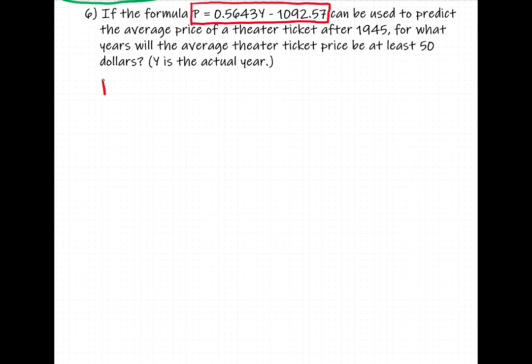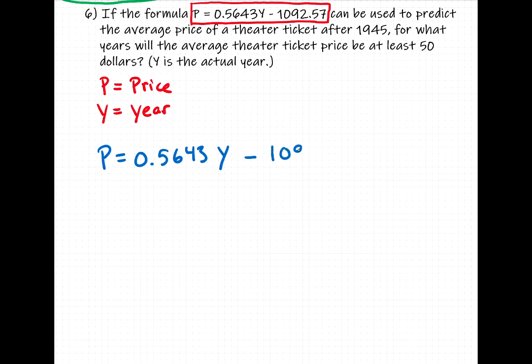Okay, so we have two variables, P equals price, Y equals the year, the actual year. So if the year was 1997, Y would equal 1997. All right, so we have P equals 0.5643 times Y minus 1092.57.